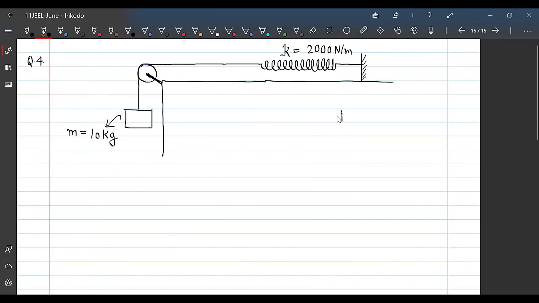So things you have to do: draw FBD for the spring, for the block, for the pulley. Then calculate extension in spring.